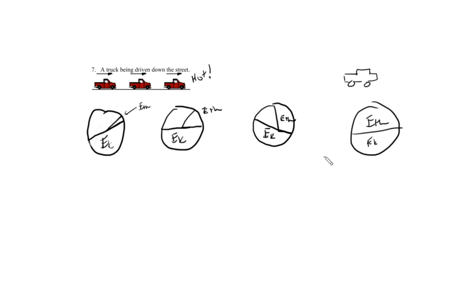This is your car out of gas. This is the energy stored in the gasoline. This is energy stored chemically. And as this car goes down the road, it's converting that energy that was stored chemically into energy stored thermally.